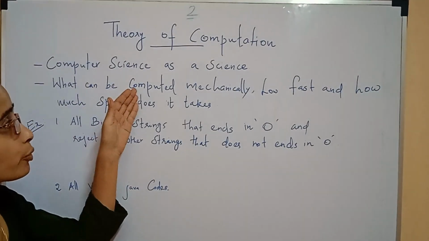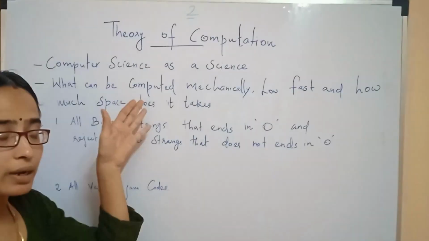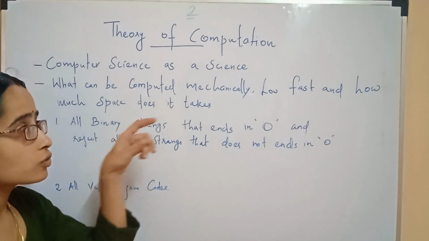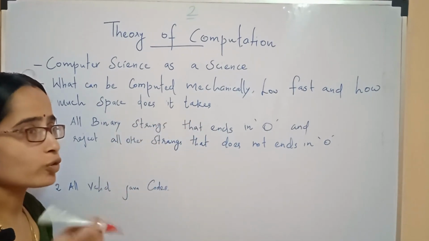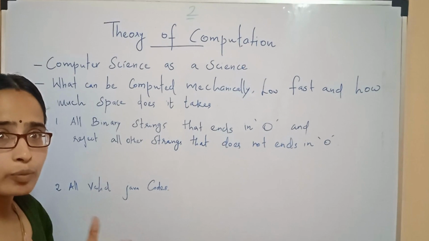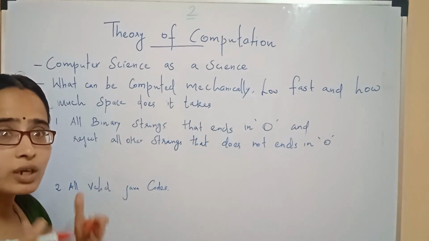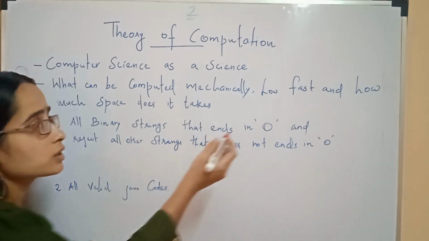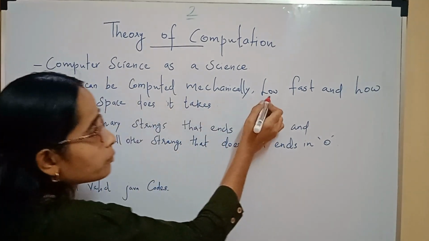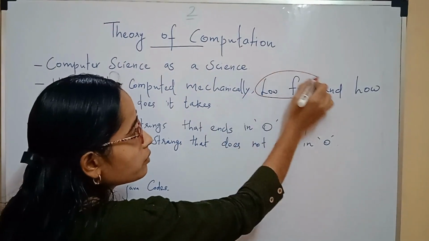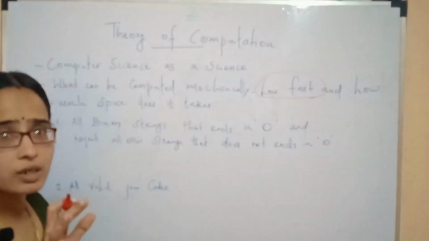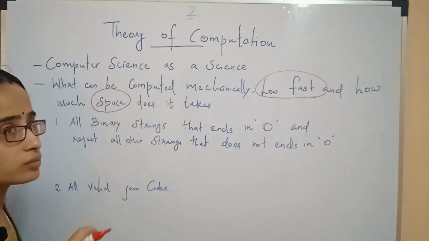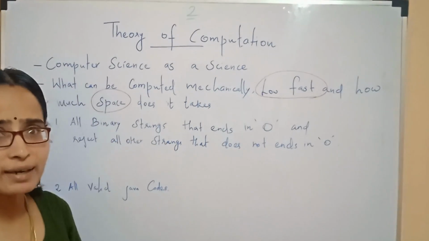So what can be computed? What are all the things that can be computed mechanically? When is it possible to compute a solution for some problems? How much time, how fast, that is, how much time it takes to solve the problem, and you also have to consider the space it occupies to solve that particular problem.